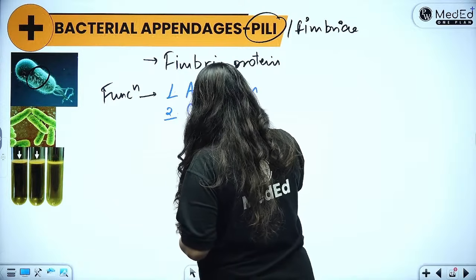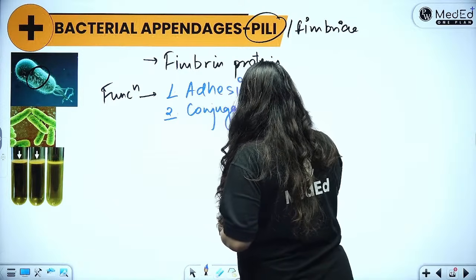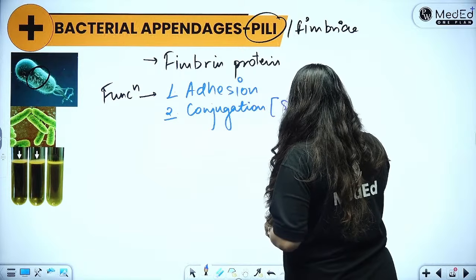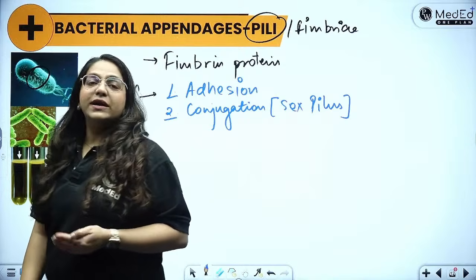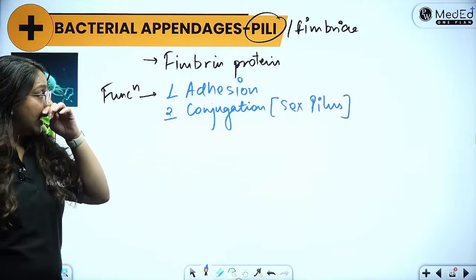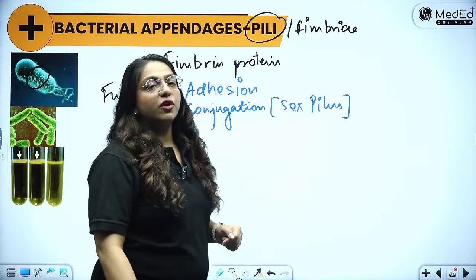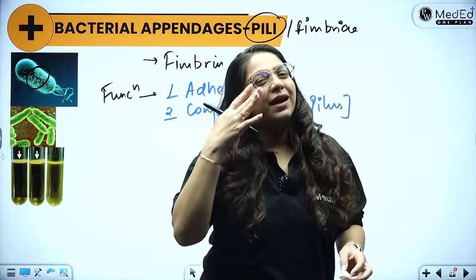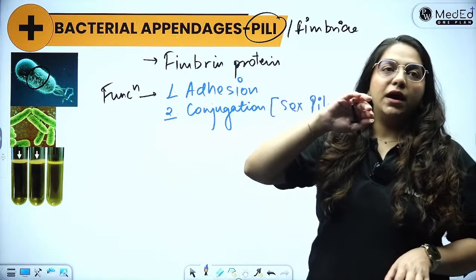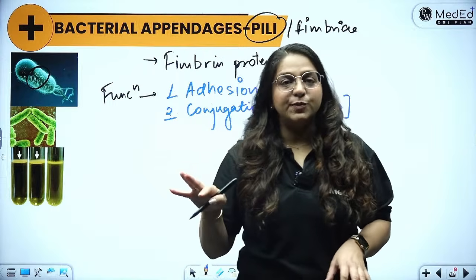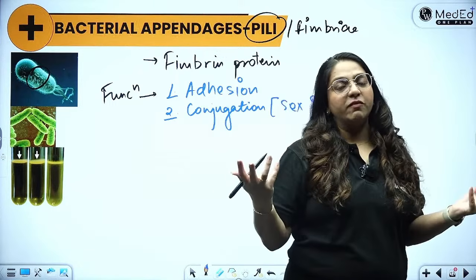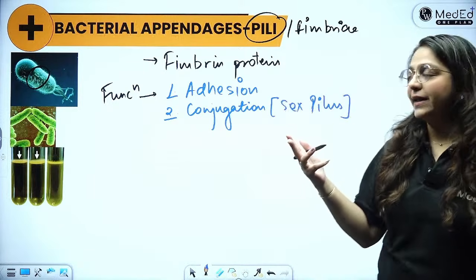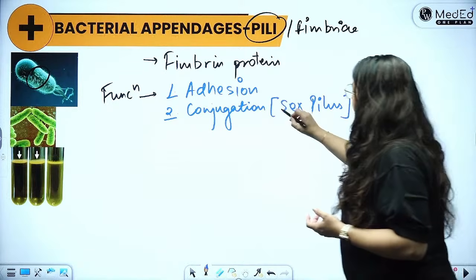Pili make the sex pilus, which helps in transfer of genetic material from one bacteria to the other, right? So adhesion and conjugation are the two most important functions of the pili. Fimbriae are kind of useless, but they also help in attachment to surfaces. But it is the pili, the most advanced form of fimbriae, which show all of these functions.